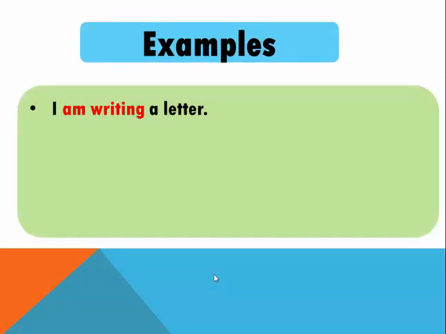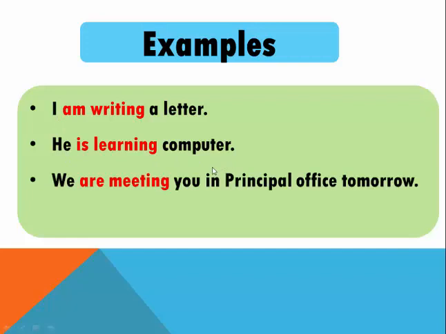More examples: I am writing, he is learning computer, and we are meeting the principal in the office tomorrow. This action is going to be done in the future, but it is expressed in the present continuous tense because it's a well planned action that is going to happen tomorrow. So we are meeting you in the principal's office tomorrow.